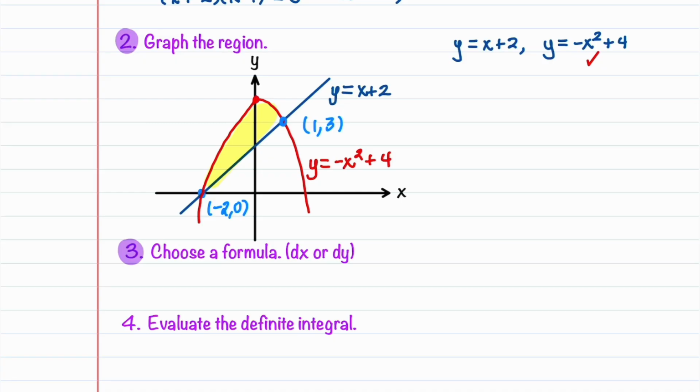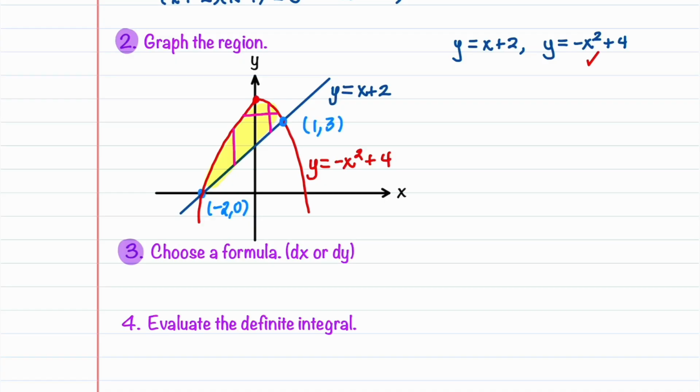If we draw some straight lines, you can see from our graph that we do have one curve on the top and one curve on the bottom. Now let's see if we can integrate with respect to y. We need to see if we have one curve on the right and one curve on the left. If we draw a horizontal line, you can see that we have the same curve on the right that we do on the left. So we do not want to integrate with respect to y.